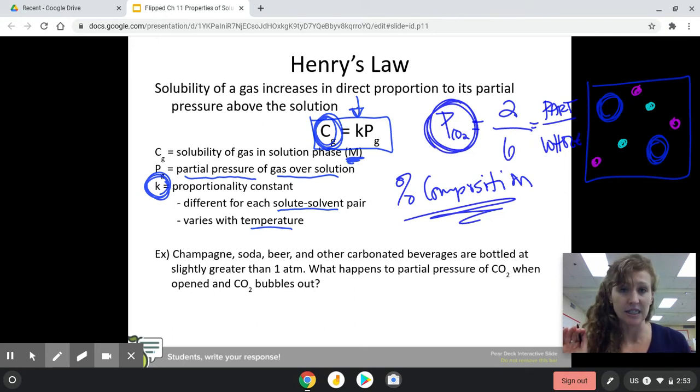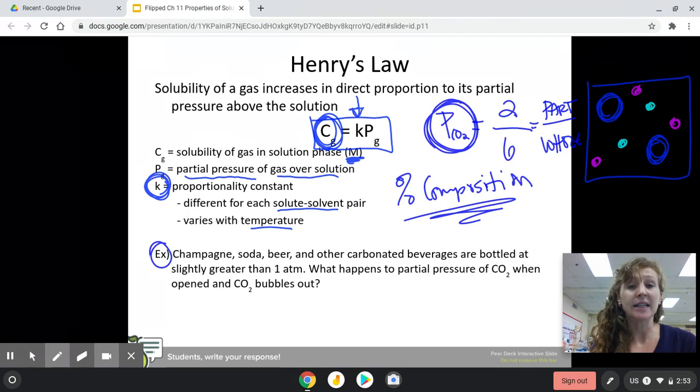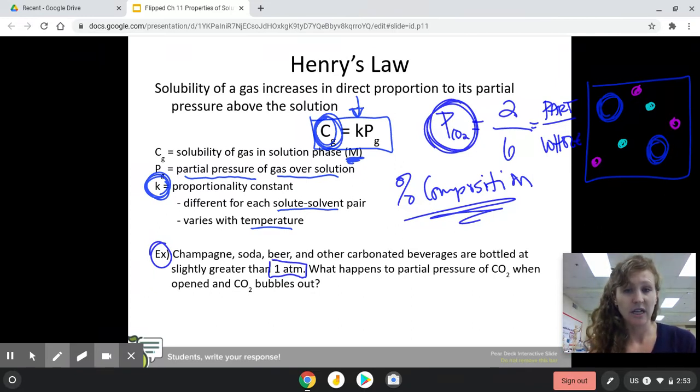That's a money answer. Okay, so for example, down here, it talks about champagne, soda, beer, and other carbonated beverages are bottled at slightly greater than 1 atmosphere. So 1 atmosphere is like if you are standing at the ocean on a lovely day, you would be experiencing 1 atmosphere of pressure.